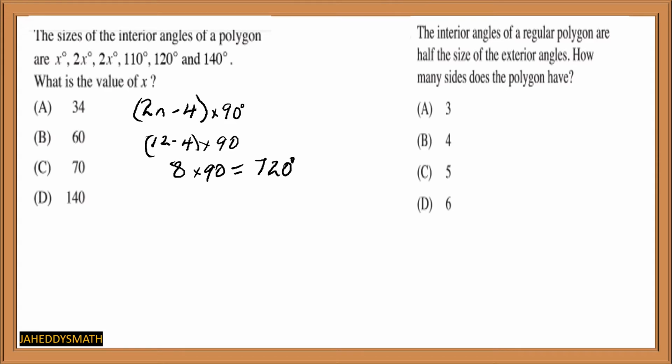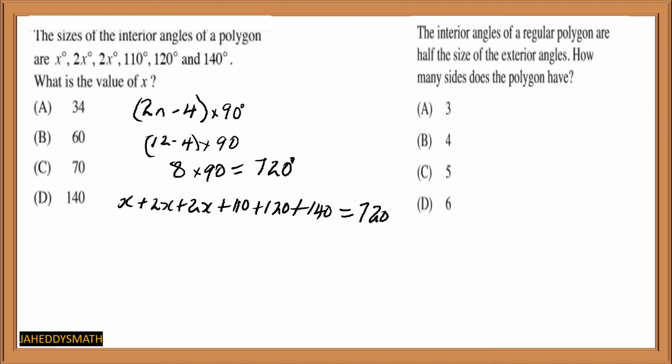So the other fact we know is that if we add the 6 angles given, we can form an equation equated to 720 and solve. So x plus 2x plus 2x plus 110 plus 120 plus 140 must be equal to 720 degrees.